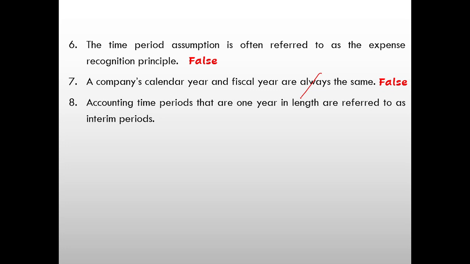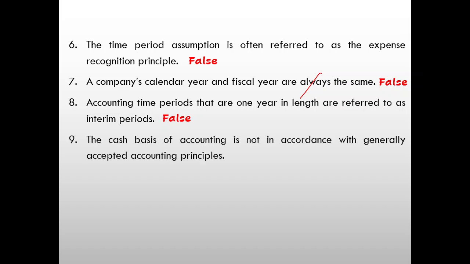Number 8. Accounting time periods that are 1 year in length, 12 months, are referred to as interim periods. No, false. Interim periods are periods less than 1 year; monthly, quarterly, semi-annually are interim periods. 9.